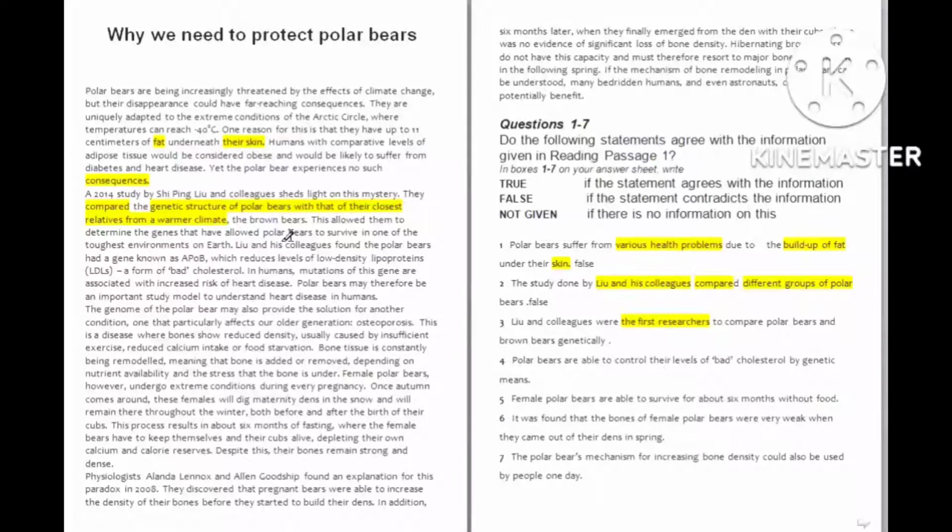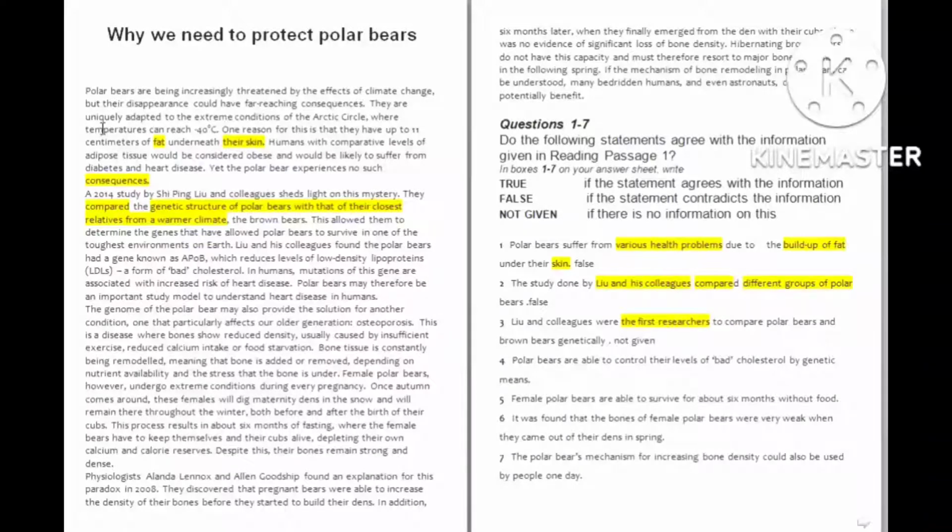Because we could not find the words first researcher or any related information in this paragraph, the answer would be not given. There is not any kind of information in this paragraph, so it would be totally not given.